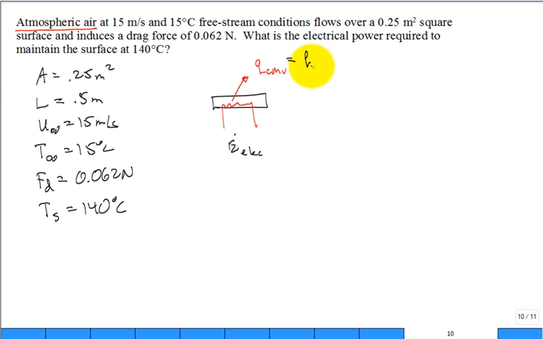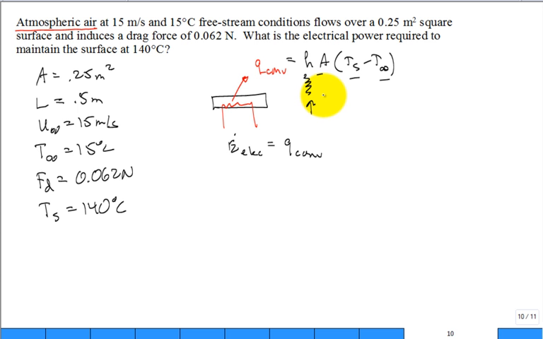It's going to be hA(Ts minus T infinity). So we do an energy balance, and we find that the electric power has to balance what's swept away in the convection. So how do we now calculate this convection? I know the area, I know the two temperatures. What do I not know?